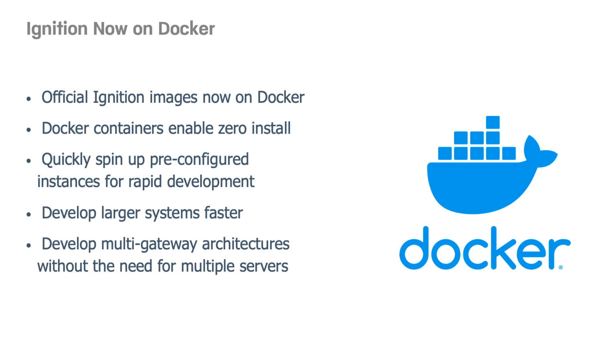And also I can use multi-gateway architectures, so I can spin up multiple Docker images instead of deploying multiple servers or multiple VMs to test my multi-gateway architecture scenarios. So that's really great, and I'm going to actually spin up a Docker image here in a few seconds when I start getting going with the demo.